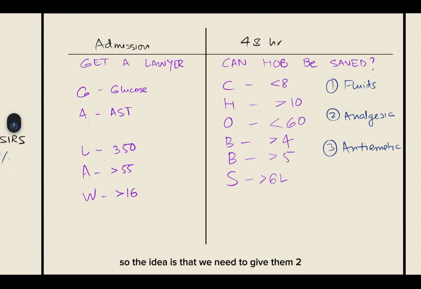So, the idea is that we need to give them 250 to 500 mL per hour boluses. Generally, Ringer's lactate is preferred over normal saline because normal saline can create an acidotic state, and we know that acidosis worsens systemic inflammation.